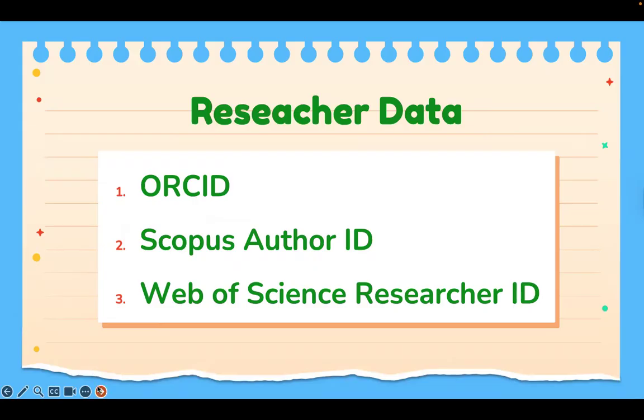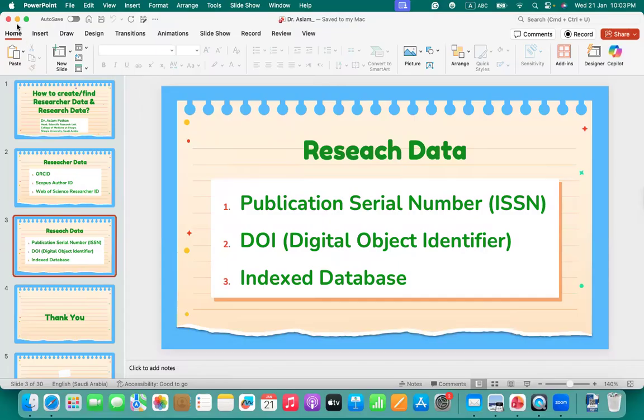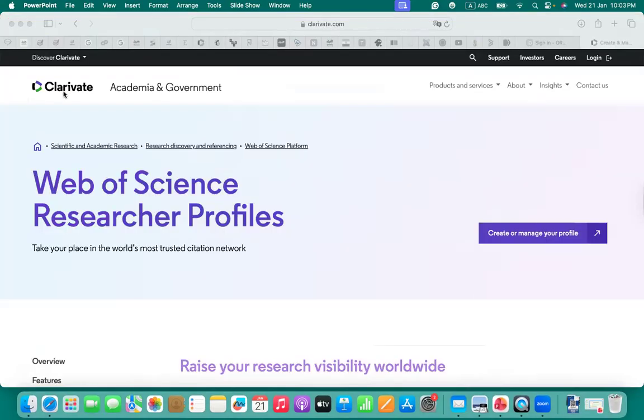Now next, about the research data. To find out the publication serial number, DOI, and index database, let us see. The first one is the publication serial number.